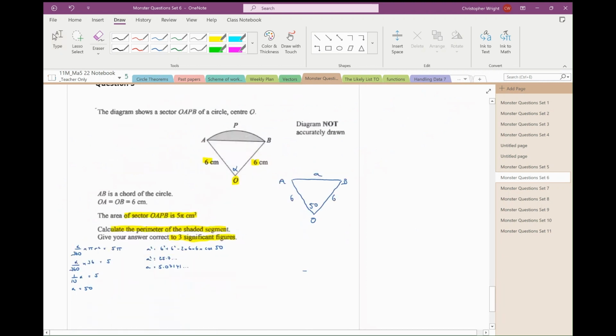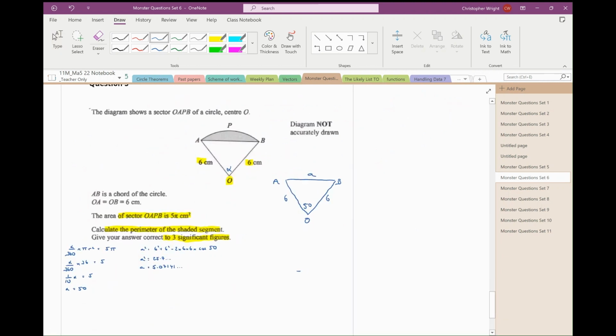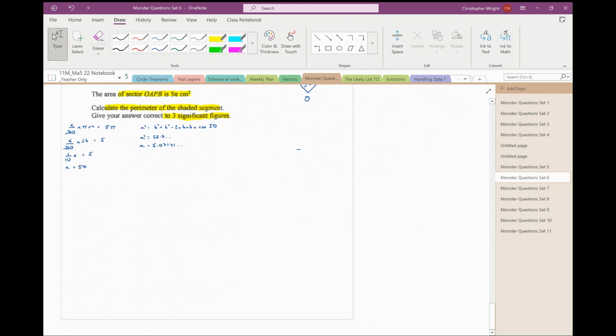Okay. Now I need to find the perimeter of the shaded section. So I found the length AB, 5.07. So I need to find the length of that part of the circumference, AB, don't I? So that's going to be a certain fraction of the circumference. So the arc AB is going to be 50 over 360 times the circumference of the circle, pi d, so pi times 12. So a bit more calculator action here. I'm going to have 5 over 36 times pi times 12.